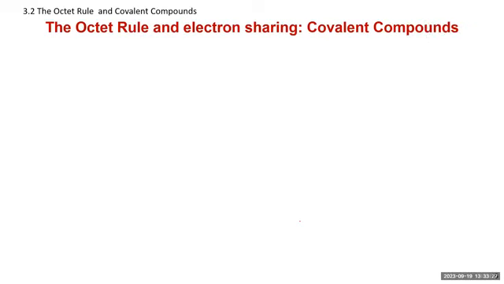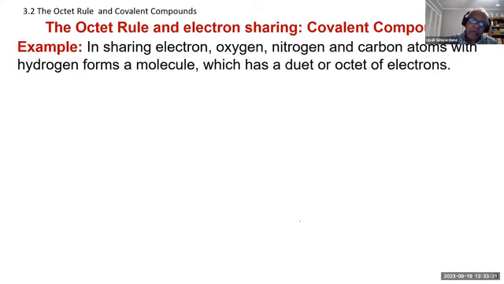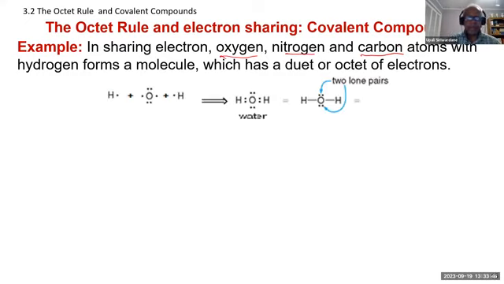Okay. Octet rule and electron sharing, covalent compounds. In sharing electrons, oxygen, nitrogen and carbon, all of which are nonmetals, form molecules.